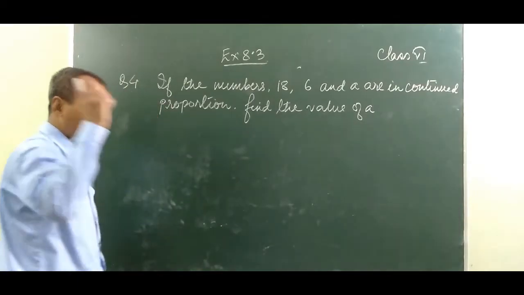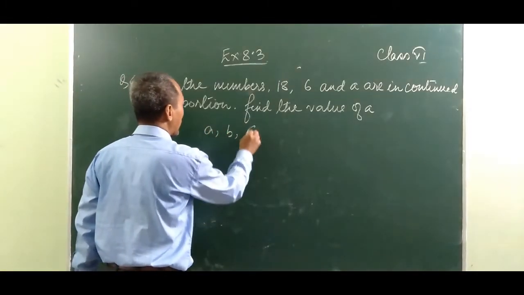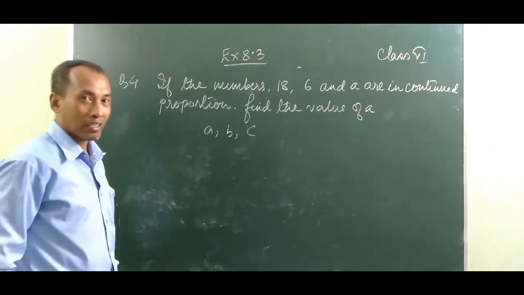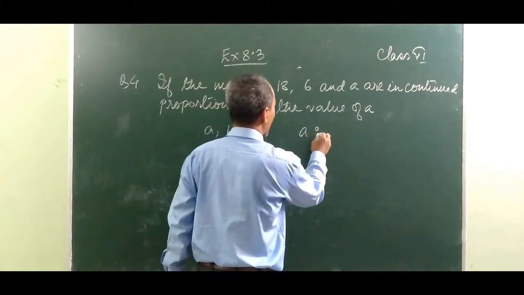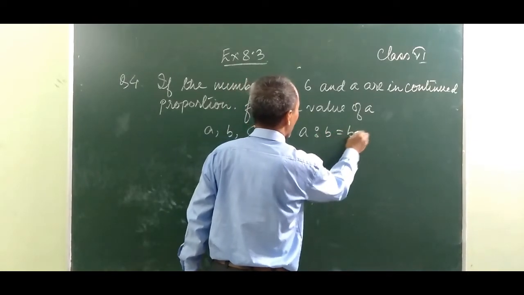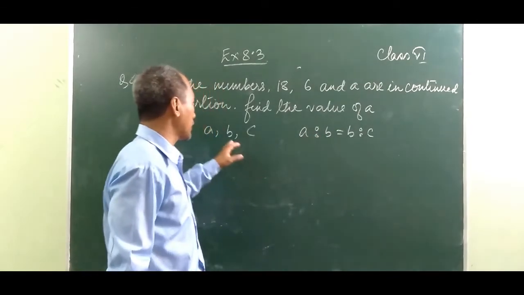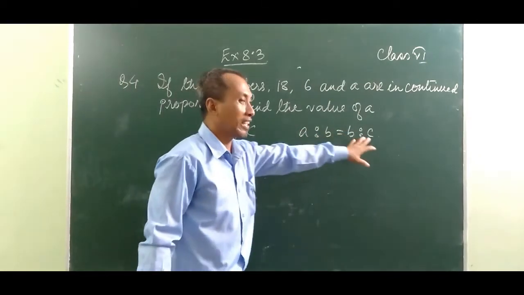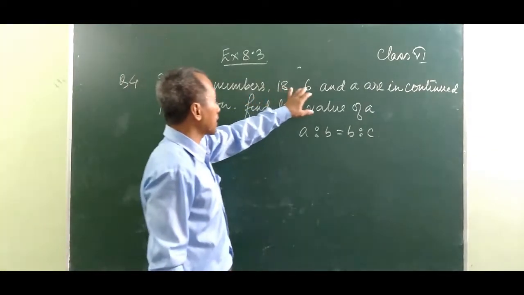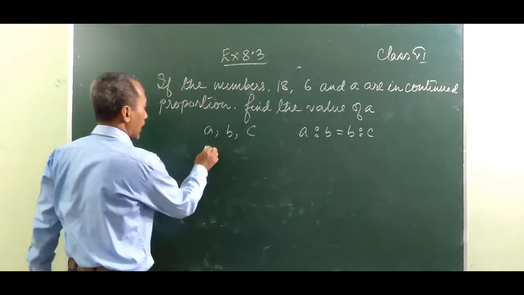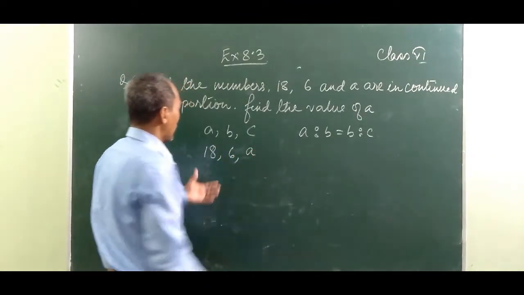We learned that if three quantities are given like this, A, B, C, then the continued proportion is A is to B will be equals to B is to C. The ratio of A and B, if it is equals to the ratio of B and C, then they are in continued proportion.